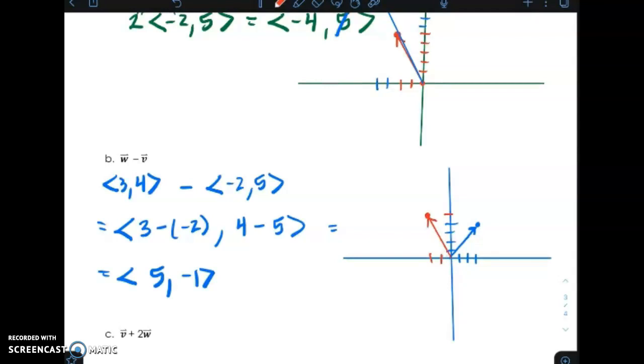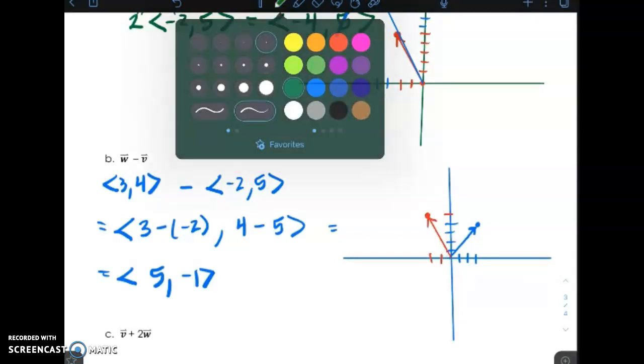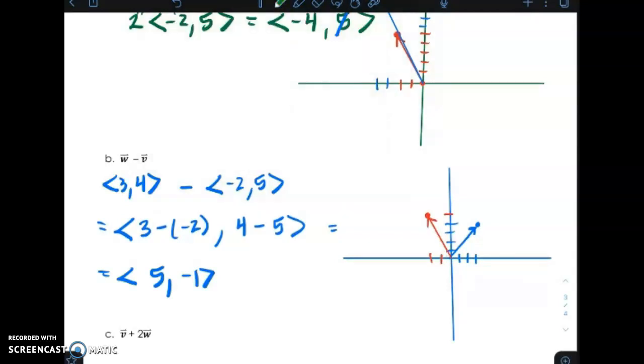And we're adding them together, and we get 5, -1. And why would we get that green? So we're starting with w, so that means we're leaving the 3, 4 alone.